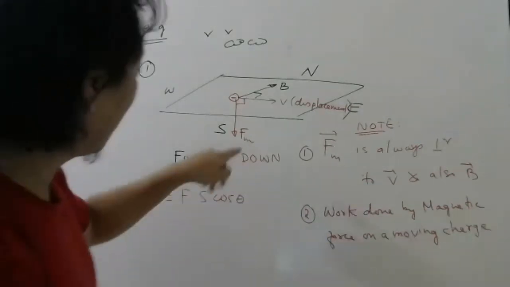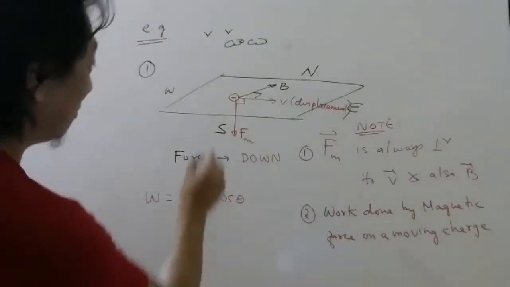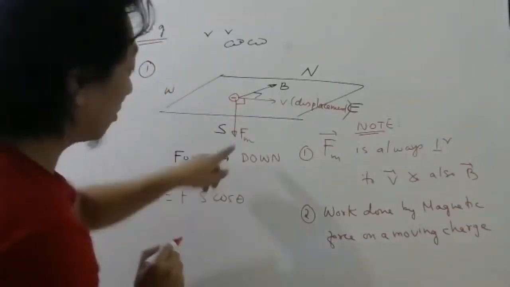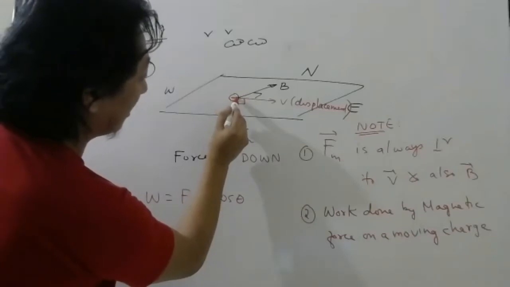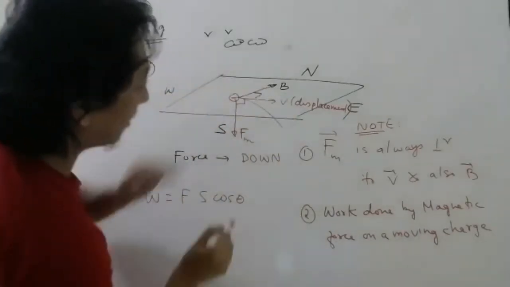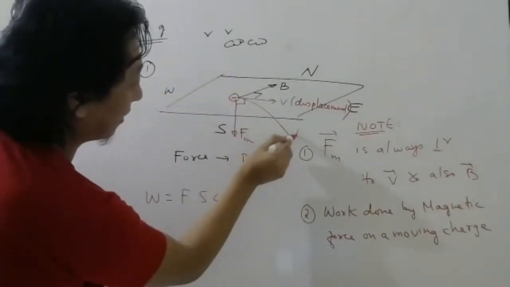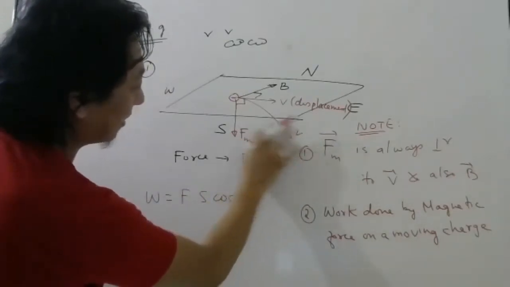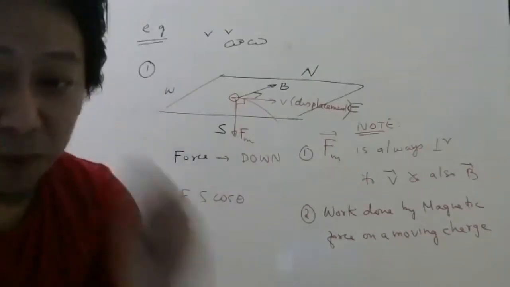Right? But in case of magnetic force, the force is always perpendicular to velocity. So because of this force, the charge will slightly turn like this. The moment the charge will turn that side, velocity will be here, magnetic force will be again here. So this I will explain later, don't worry. The point is what?